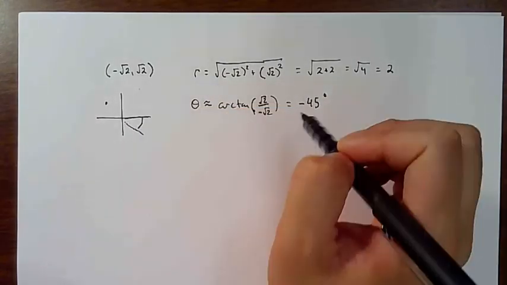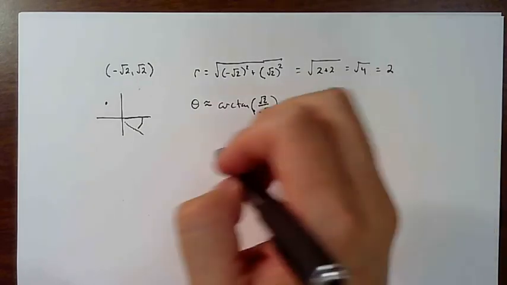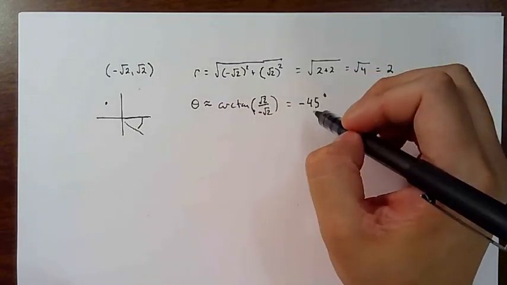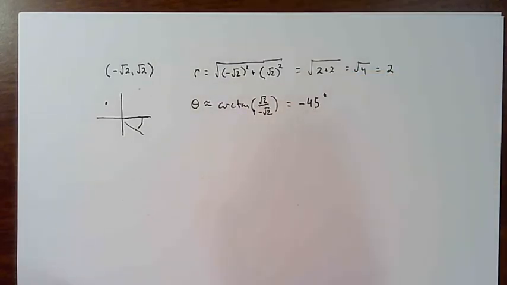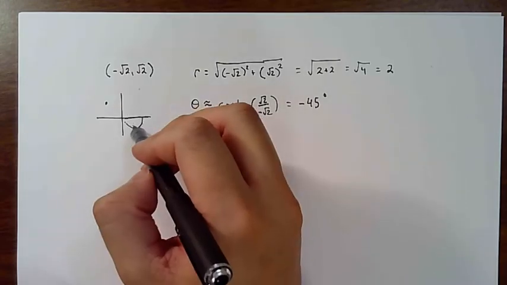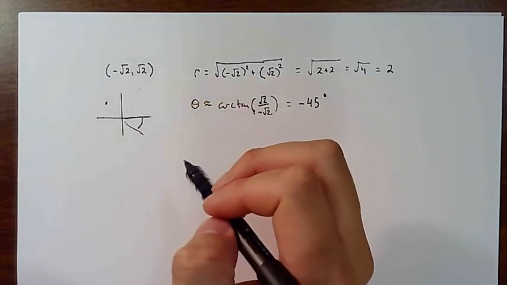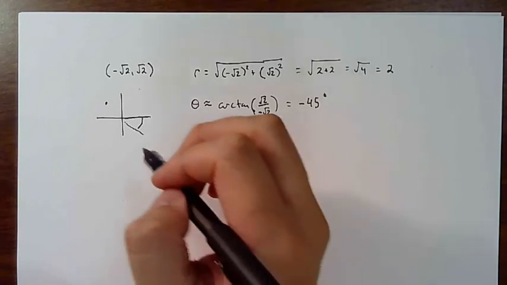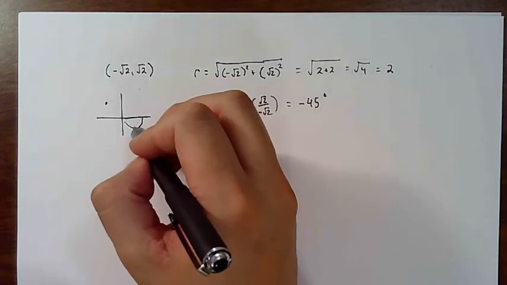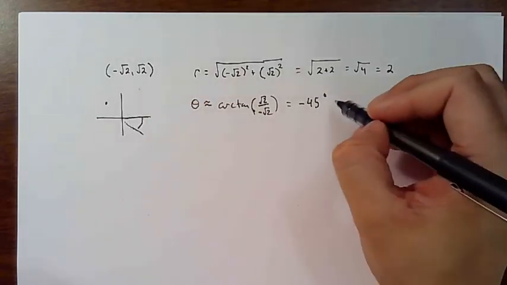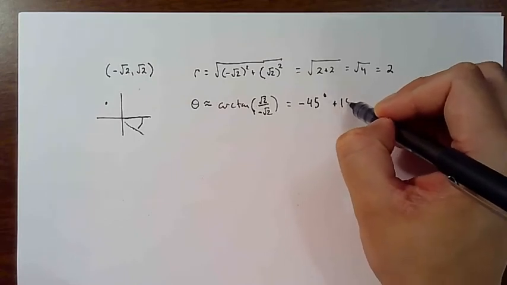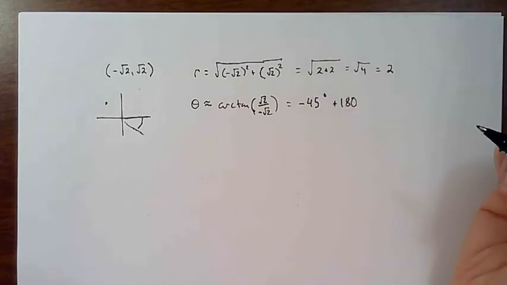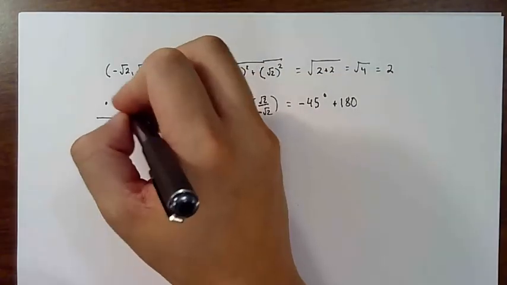So if we look where this lands us, this is not in the right quadrant, right? This is not good. So what we need to do is we need to boost it around to the other side. So when you're in the wrong quadrant, a lot of times you'll just have to see that, oh, I'm over here, I need to be on the other side. So what we'll do is we'll add 180 to this, right, to push us to the other side.